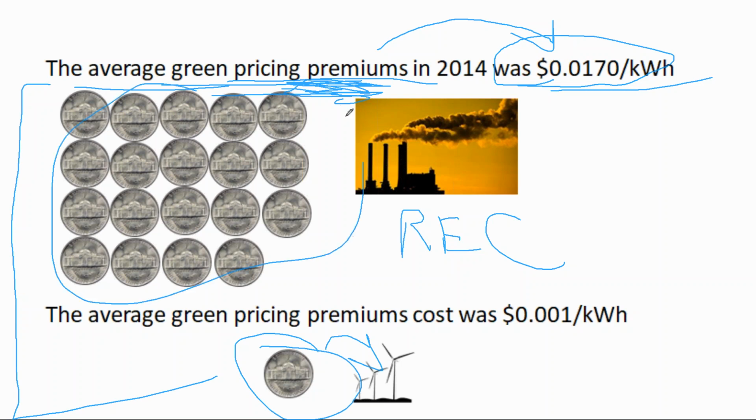The rest of that money went to utility overhead expenses of administering the program, or funding green education or other fluff departments in the utility.